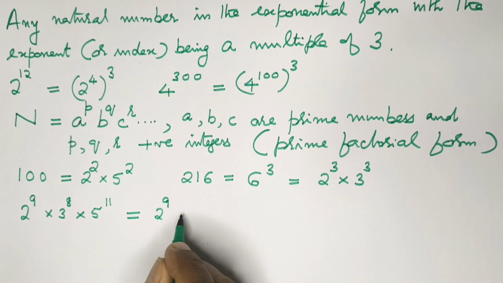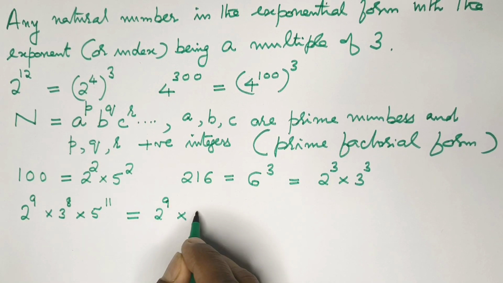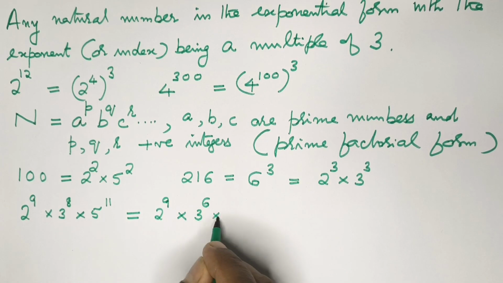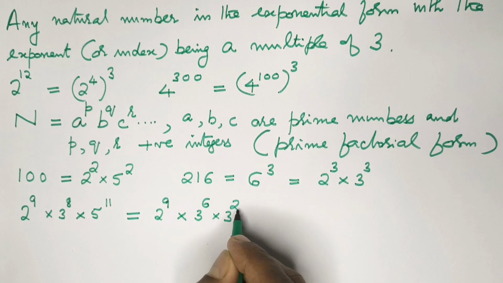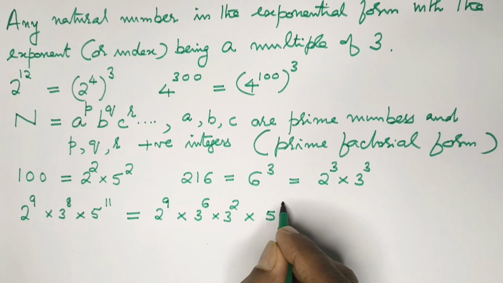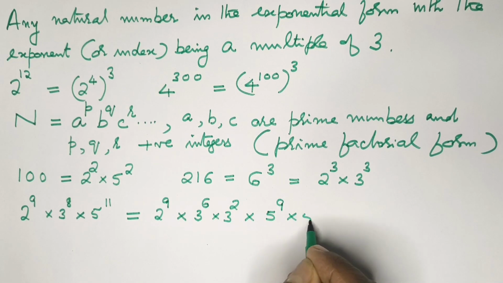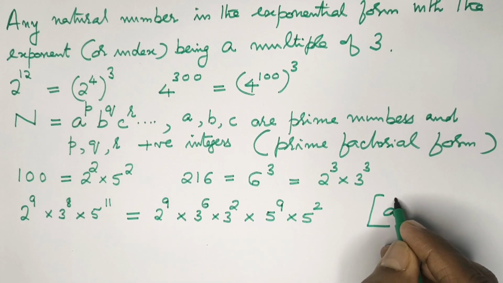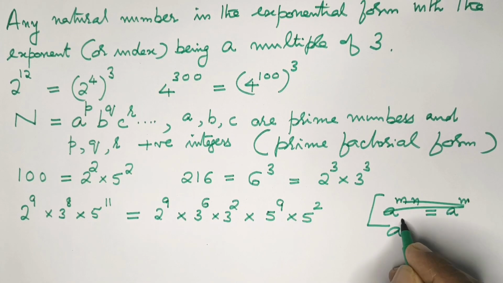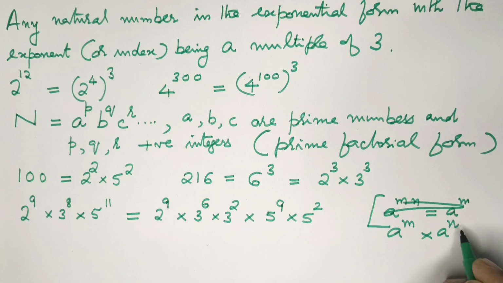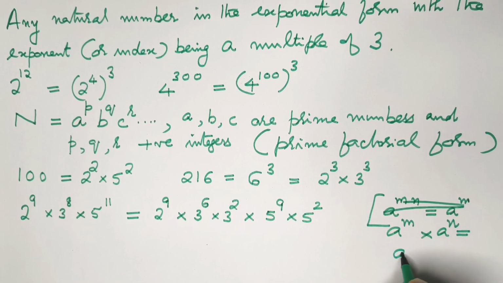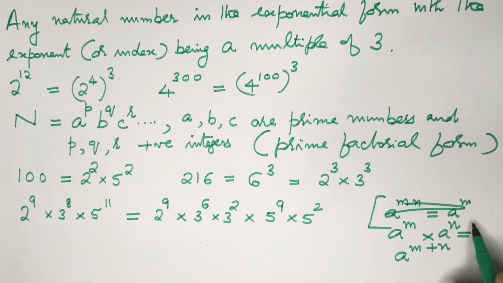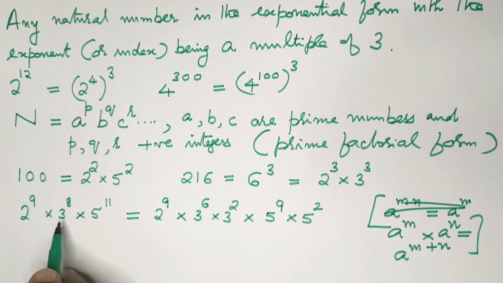We write it as it is. 3 power 8, let me write like this: 3 power 6 multiplied by 3 power 2, and 5 power 11 we will write as 5 power 9 multiplied by 5 power 2. This is based on this rule of index: a to the power m multiplied by a to the power n equals a to the power m plus n. I have used this to split 3 power 8.